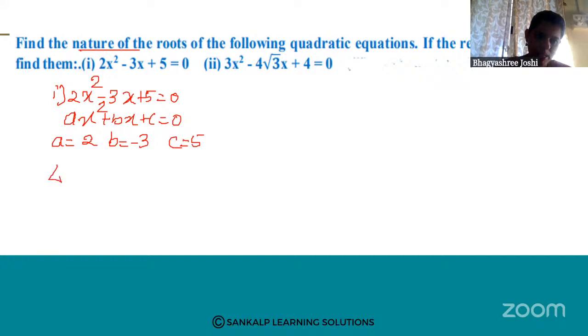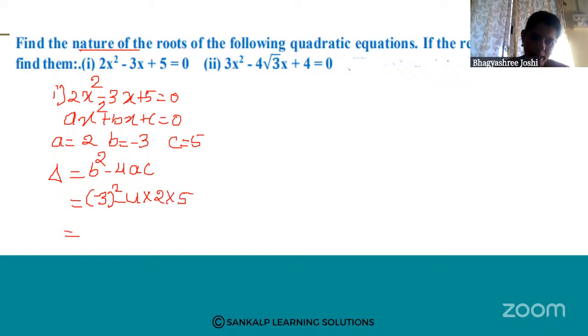So discriminant delta, or D, is equal to b square minus 4ac. In order to find out the nature of the roots, we need to use the delta value. So b square: b value is minus 3 whole square minus 4 into 2 into 5.